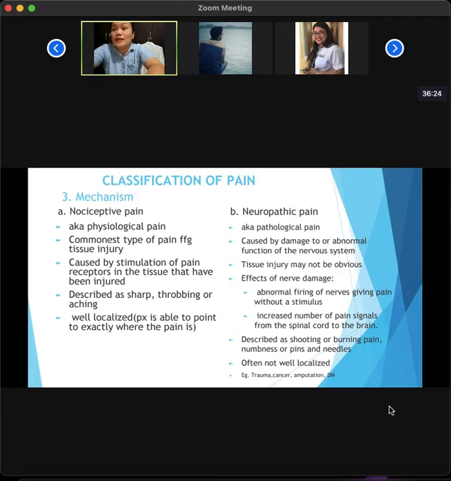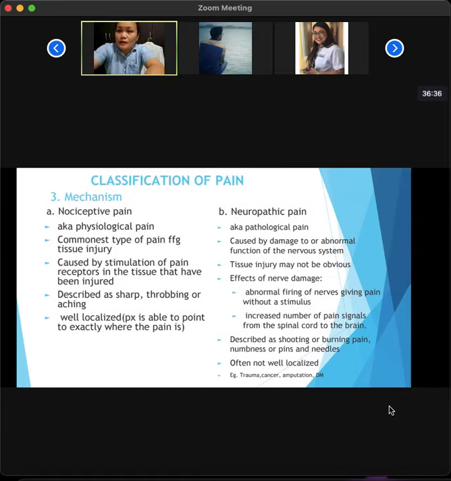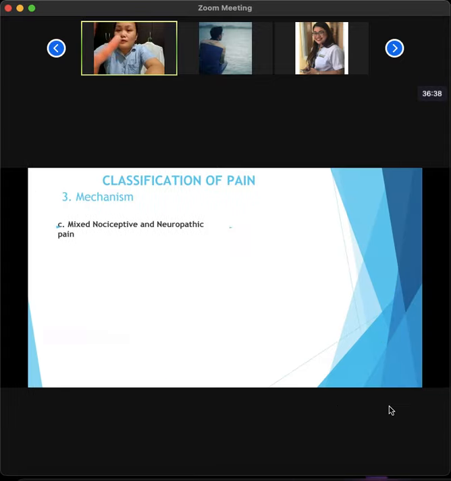So, usually abnormality of your nervous system ang cause ng neuropathic pain. Okay, and it is often not well localized. And you may have mixed nociceptive and neuropathic pain.